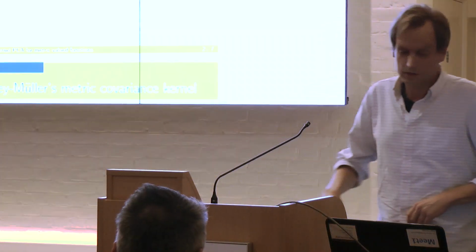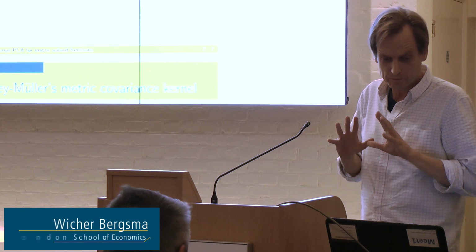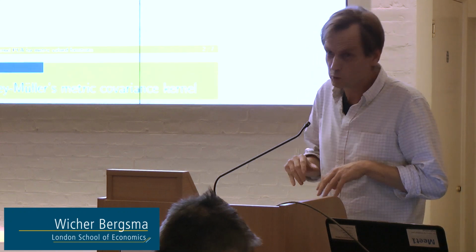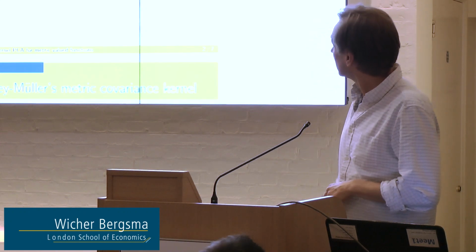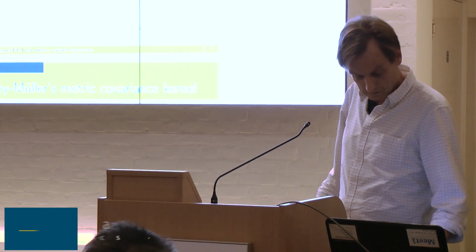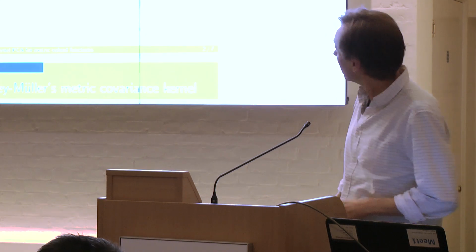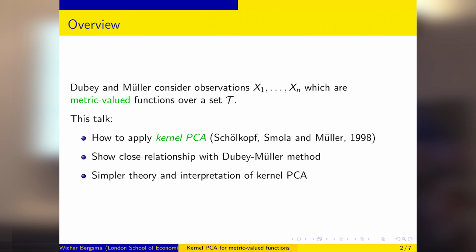All right, I just want to make a few remarks on a different approach that could be used, which is kernel PCA. So Dubé and Müller consider observations which are metric valued, so the function values are in a metric space.